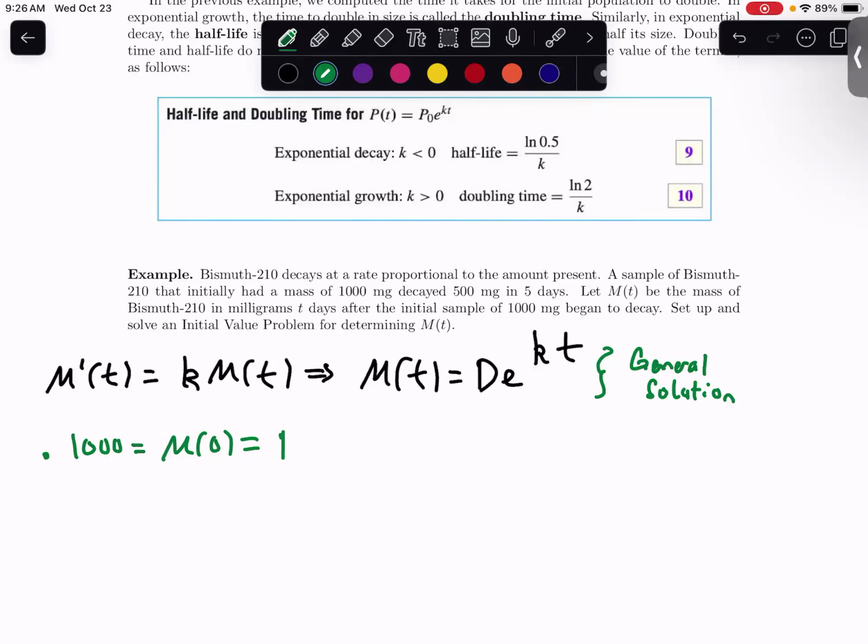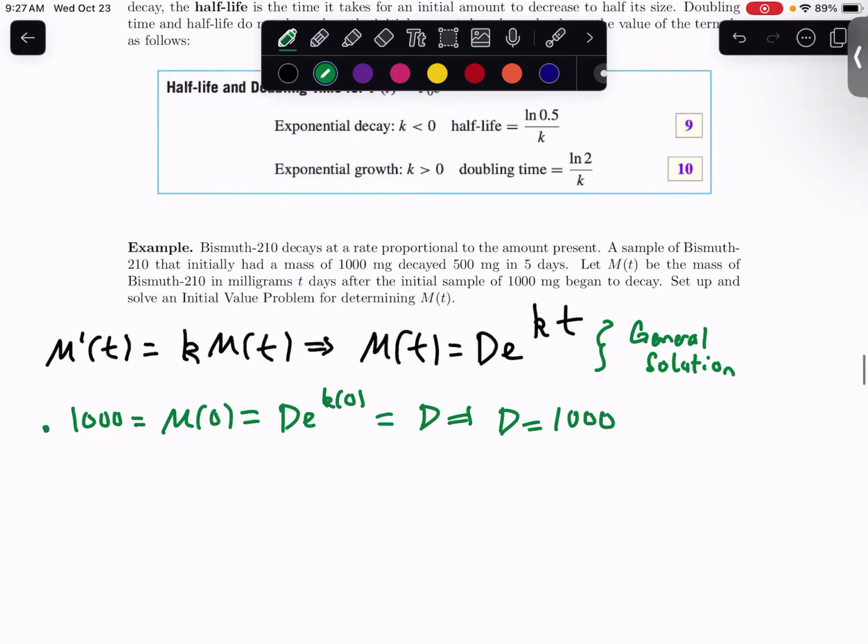So this is just equal to d times e to the k times 0, which is just equal to d. So again, we see that d is equal to 1,000. And so this is telling us that m of t is equal to 1,000 times e to the kt.